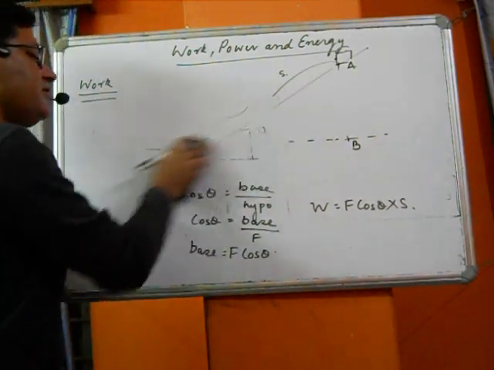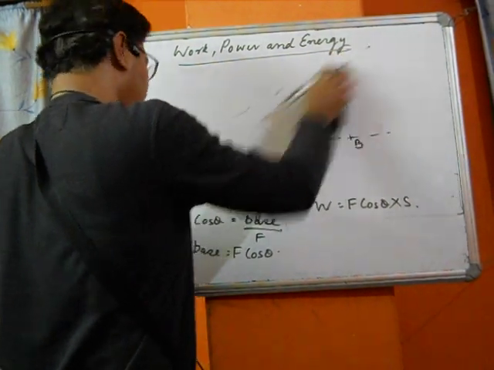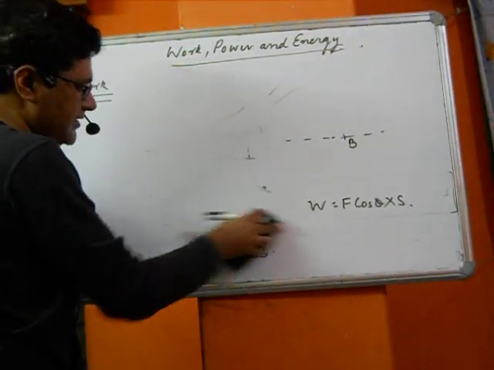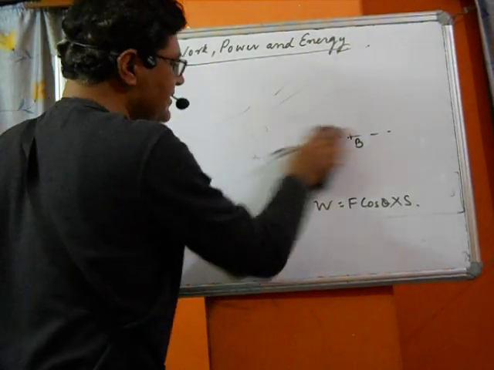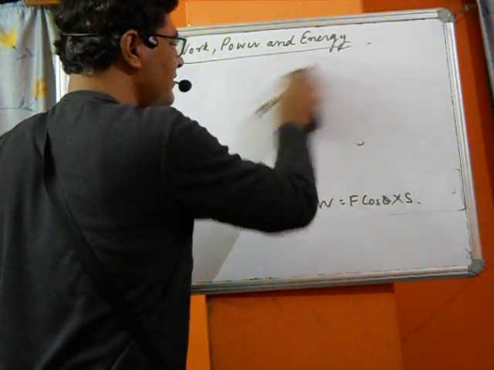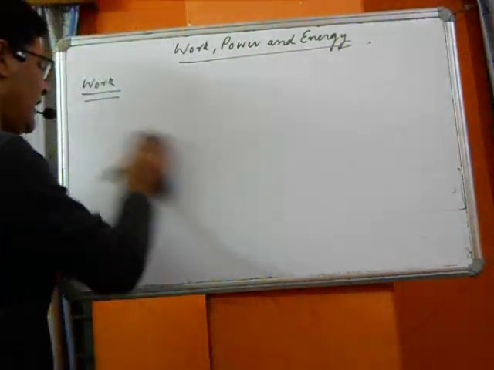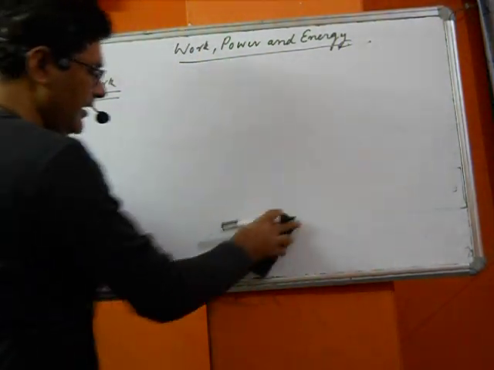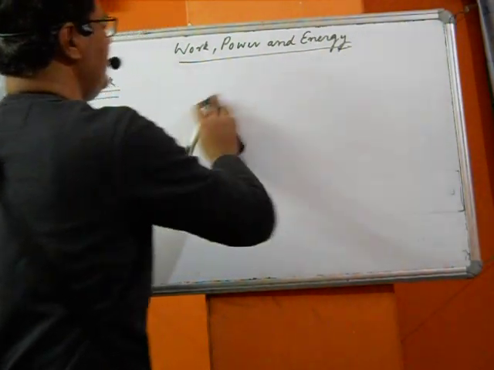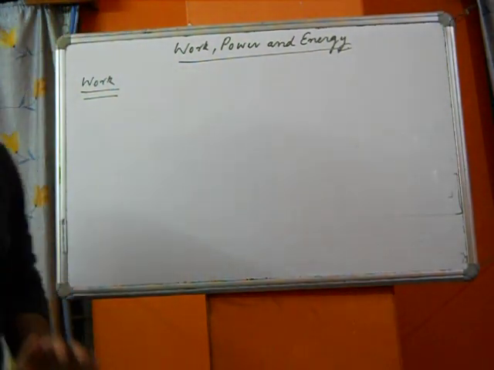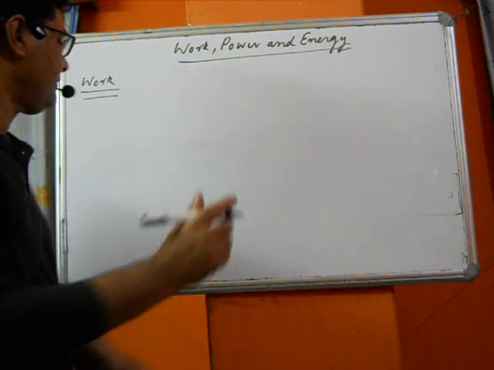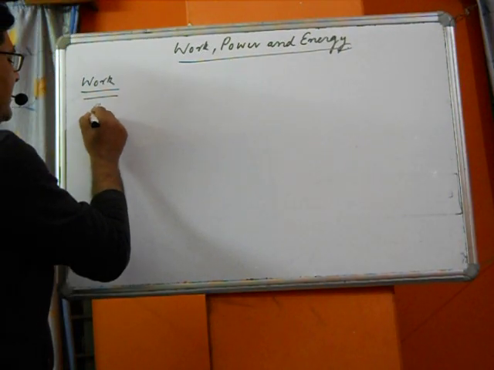We already understood that the work done by a force on an object depends on three factors: force, displacement, and the cosine of the angle between the force and displacement. Now, special cases.